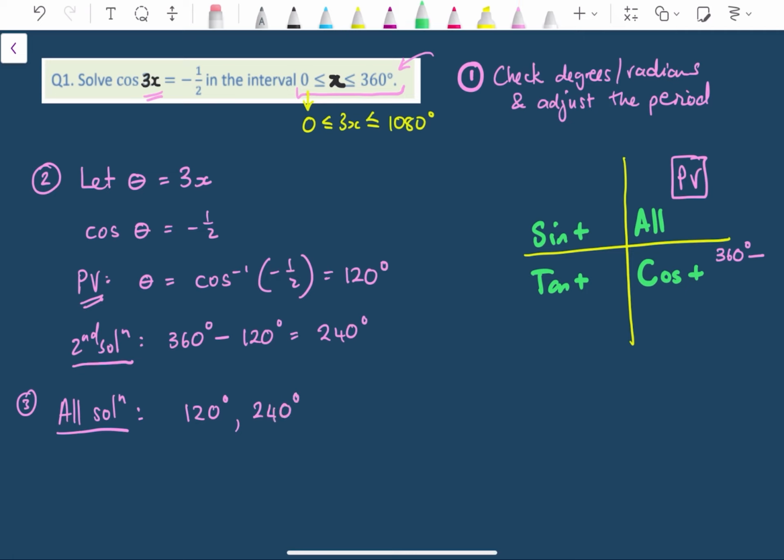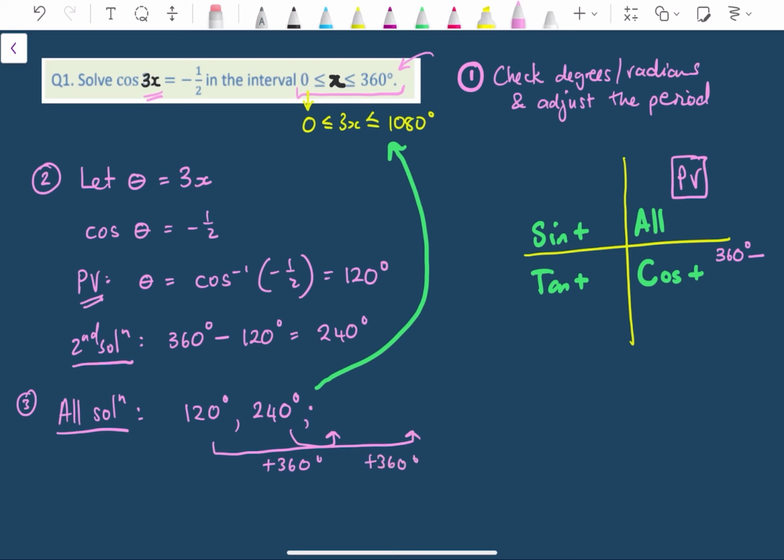Now remember, I always need to compare it to my period. So I'm going to have to find all of the solutions between 0 and 1080. Because cos repeats every 360, all I'm going to do is add on 360 degrees to each of these solutions.